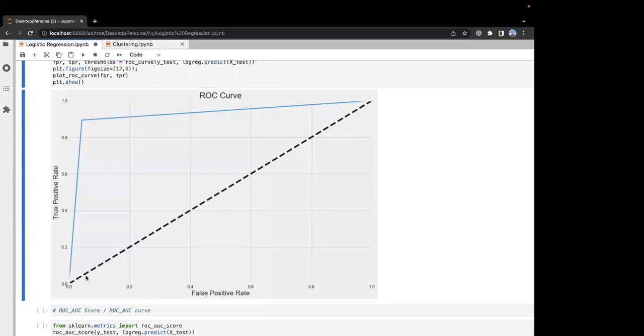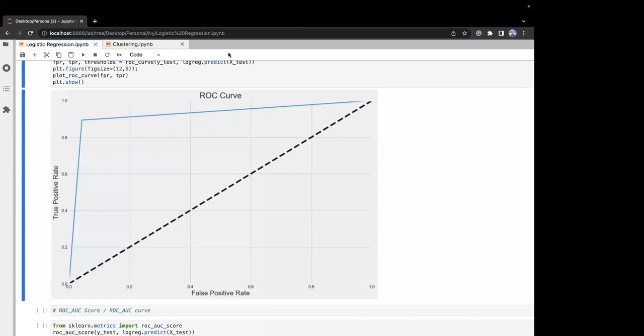So my true positives are increasing without a lot of change in my false positives. And then there comes a point after which my true positive is increasing at a slow rate, but my false positive is increasing at a very large rate. Is everyone able to understand this curve?